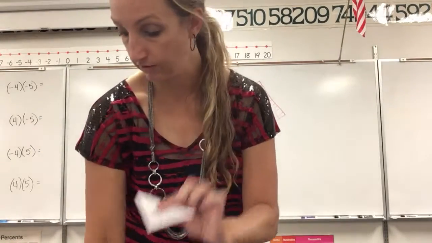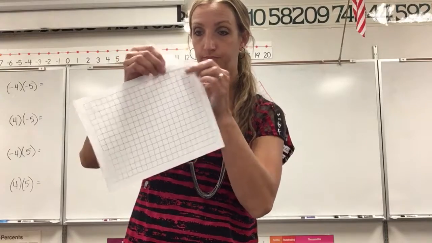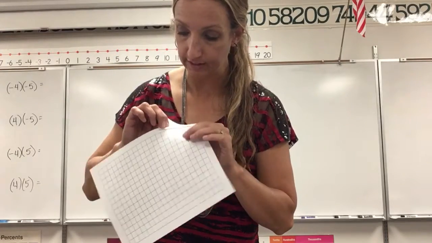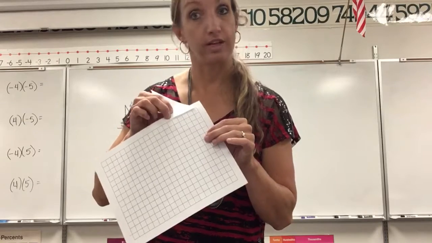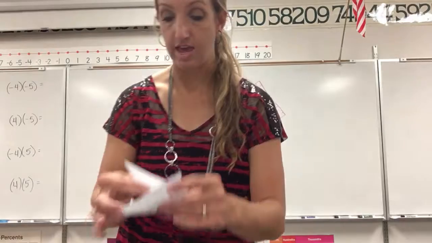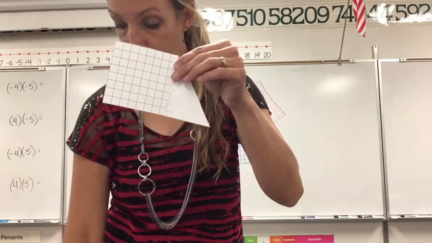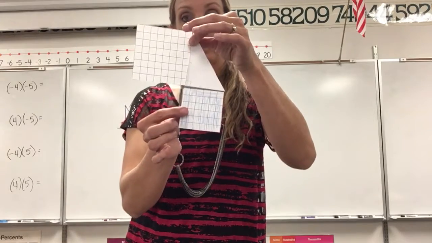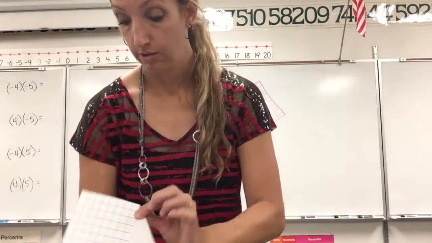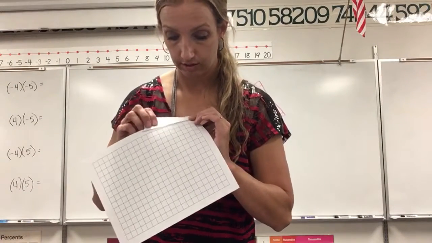Now I'm going to do the same thing for side B. I'm going to hold this up here, and I see that it is 1, 2, 3, 4, 5, 6 units long. So I'm going to cut out a 6 by 6 square. So now I have an 8 by 8 to match that side, and a 6 by 6 to match that side. Okay, now I'm going to do the same thing for the hypotenuse. I'm going to hold it up next to my grid and see how many units long it is.